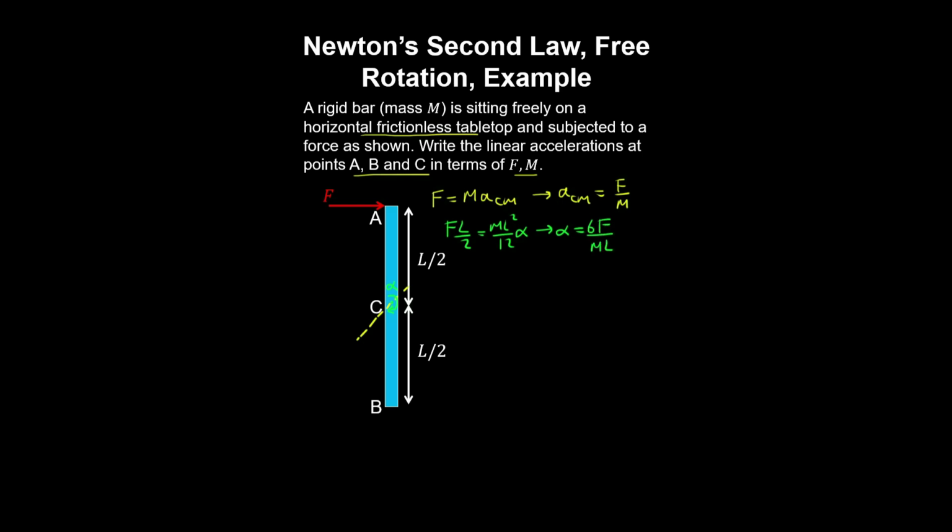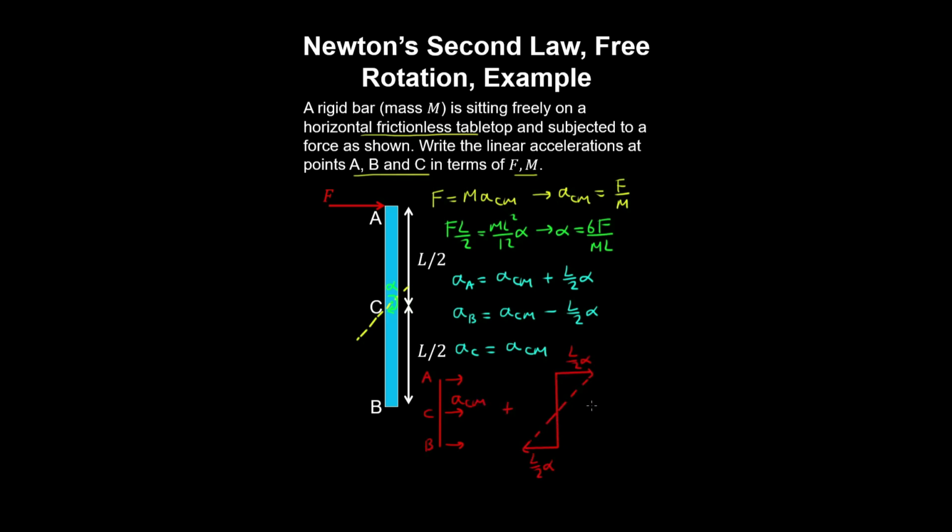And from that we can calculate the acceleration at each point by superimposing the translational and rotational components. And the acceleration at C is the acceleration of the center of mass, which is purely translational. So what this superposition looks like is translation plus the rotational component is equal to the acceleration of the bar.